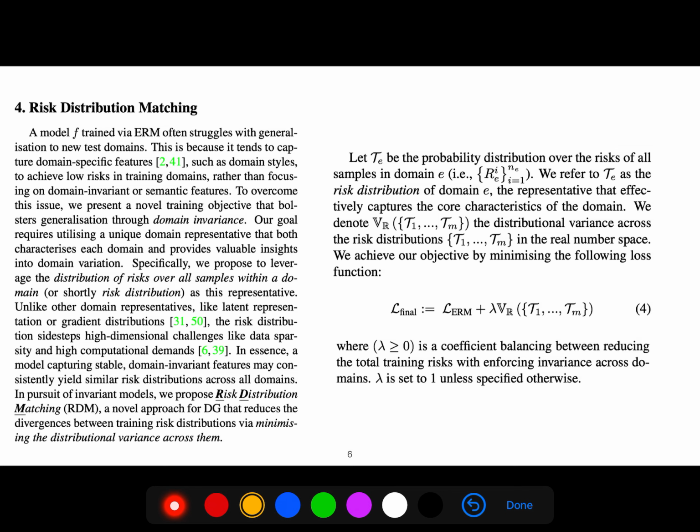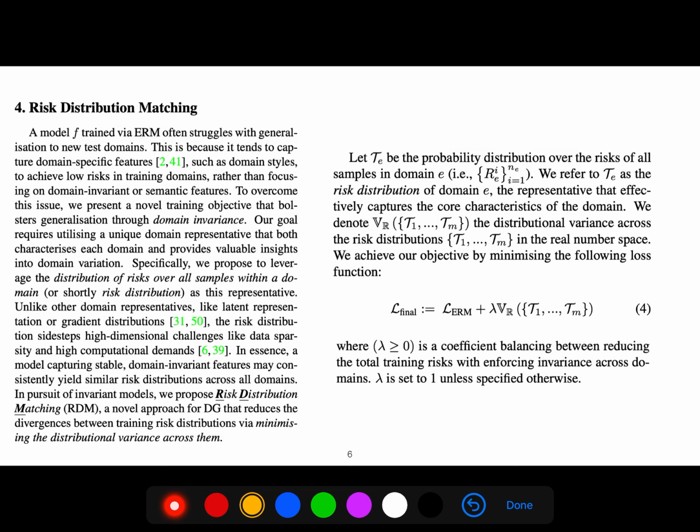Now, our goal requires utilizing a unique domain representative that both characterizes each domain and provides valuable insights into domain variation. So we propose to leverage the distribution of risks over all samples within a domain. So we call it risk distribution.